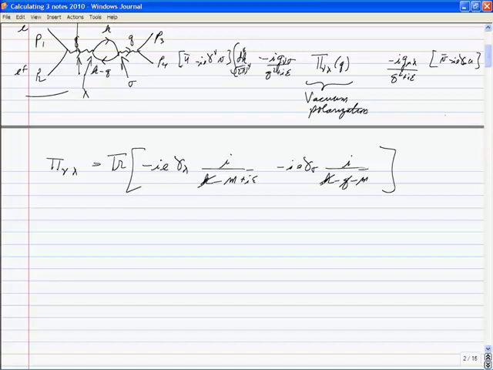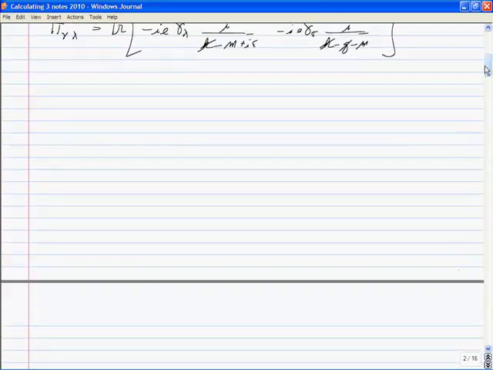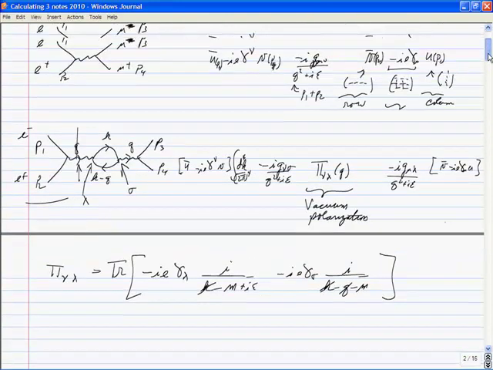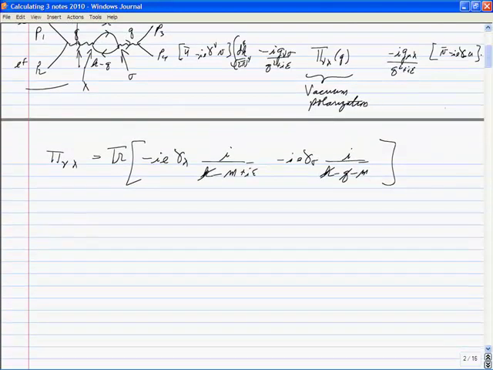Okay. Yes. So that denotes the vertex that sits right there. The minus I e gamma lambda denotes that vertex. Okay.